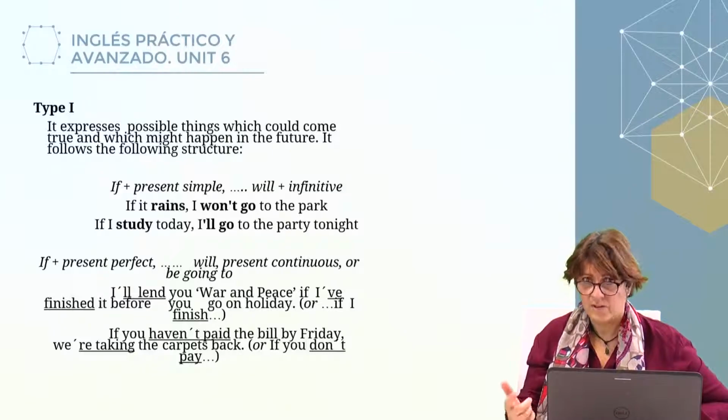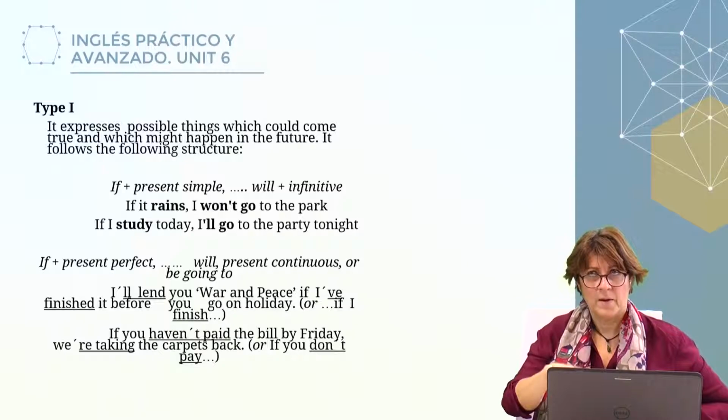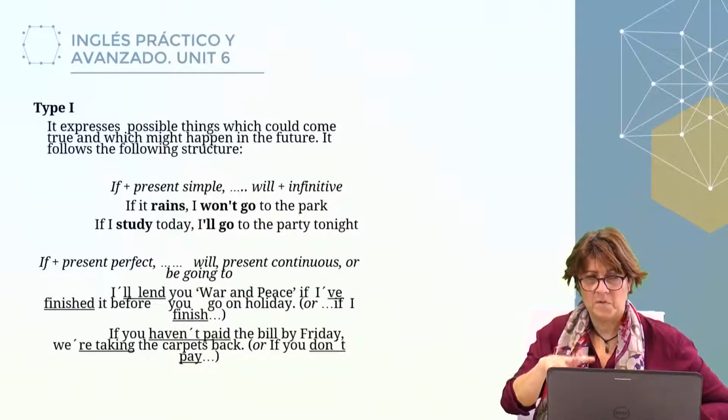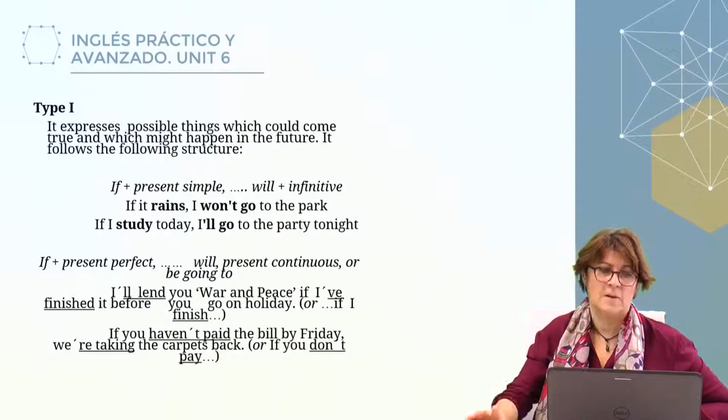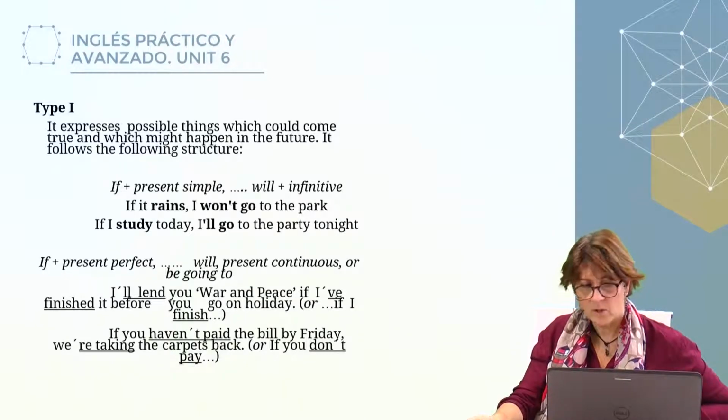Si yo fuera, if I would. No, okay? Never. So with if, it's a present, the past perfect, the present perfect, but never a conditional or a modal. If it rains, I won't go to the park, or if I study, I'll go to the party tonight, okay?